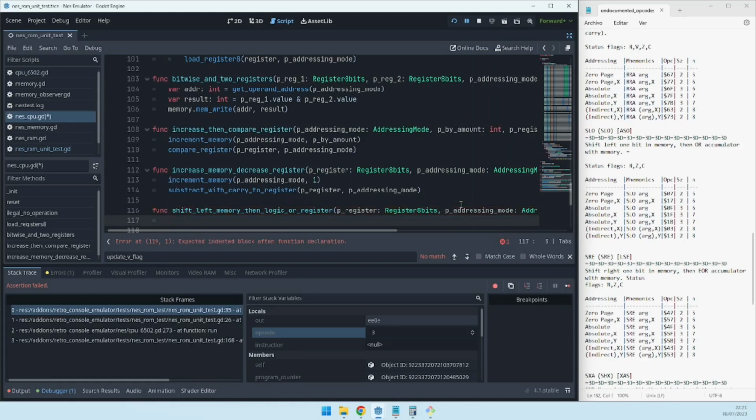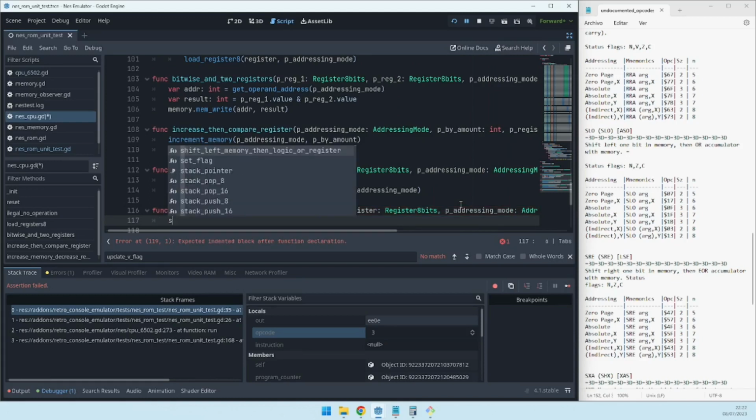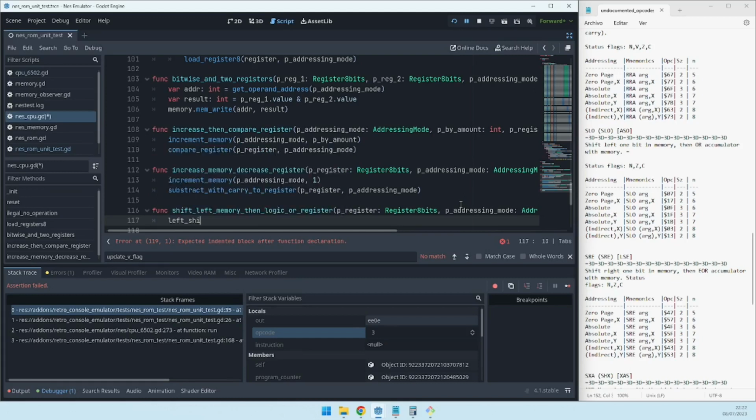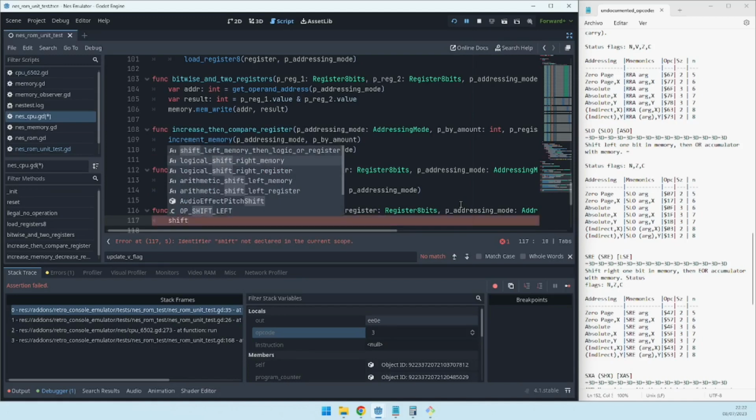So now, can we do left shift, logical shift right, shift left memory, then arithmetic shift left. So the right shift is logical and the left shift is arithmetic. Okay.